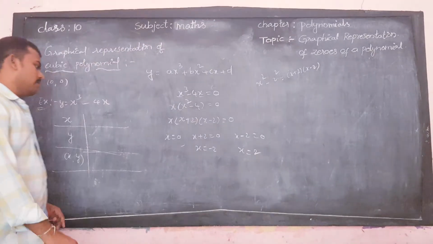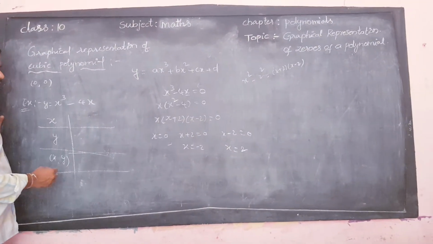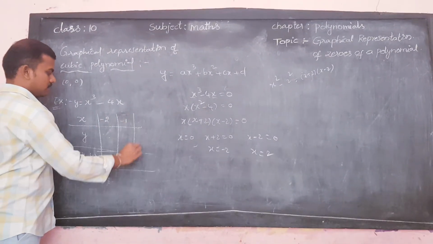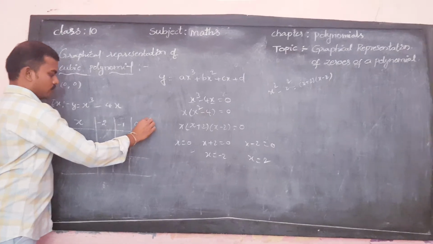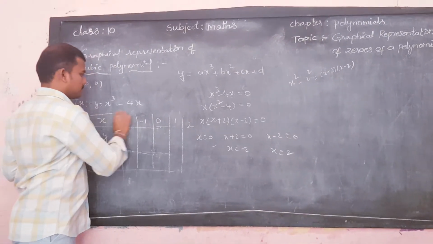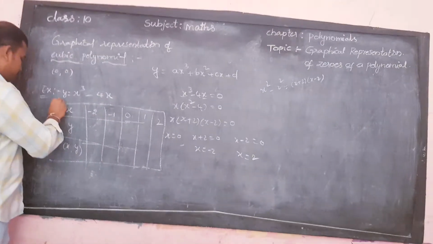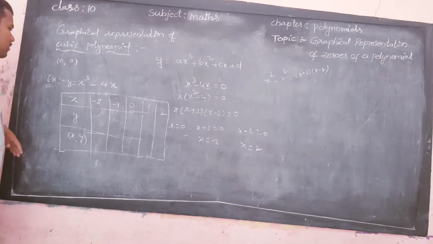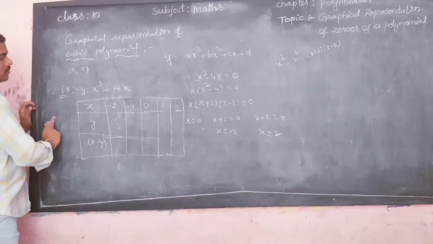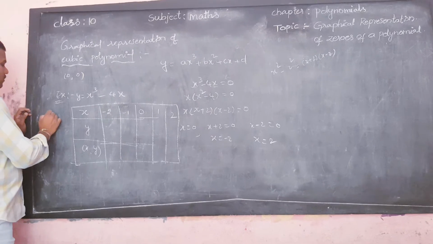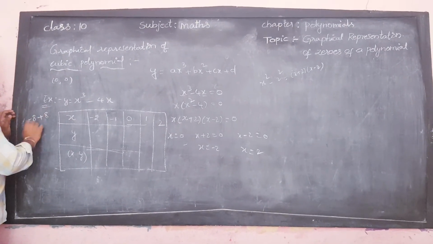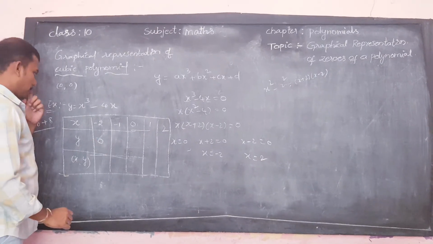So we take the values of x as minus 2, minus 1, 0, 1 and 2. Substituting minus 2 in place of x: minus 2 cubed is minus 8, plus 8 equals 0.